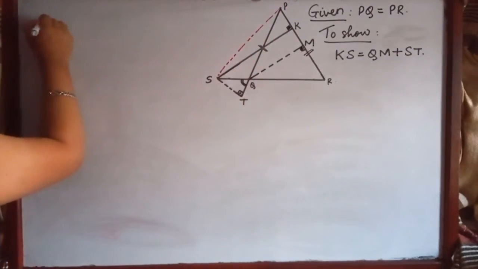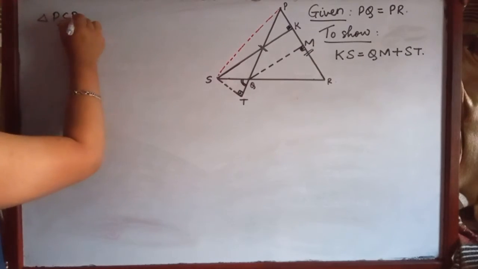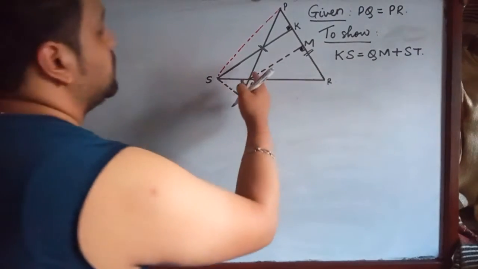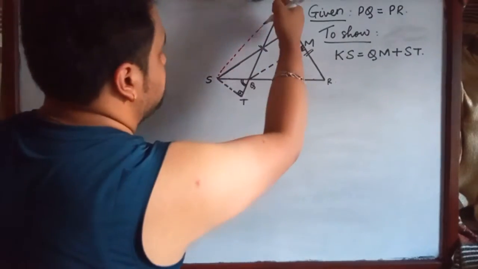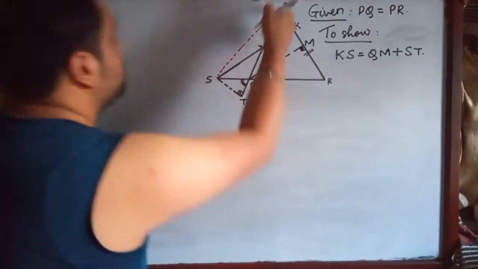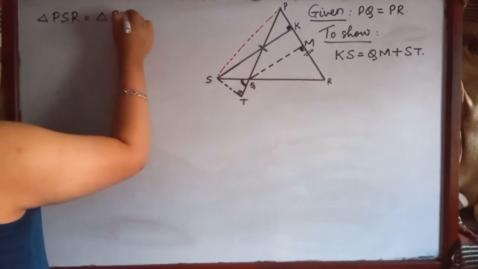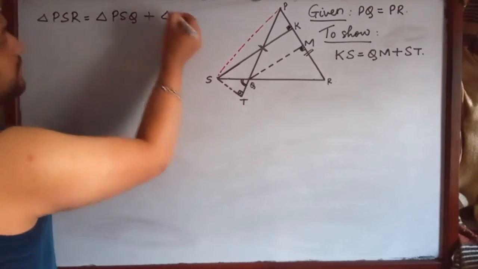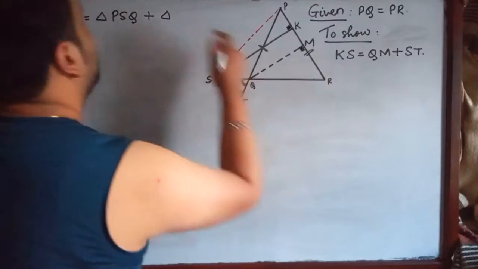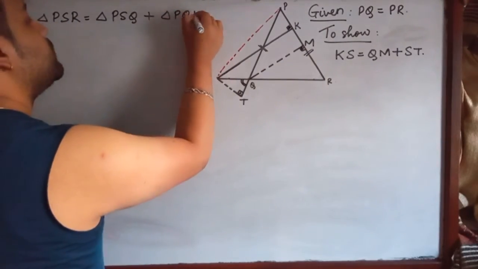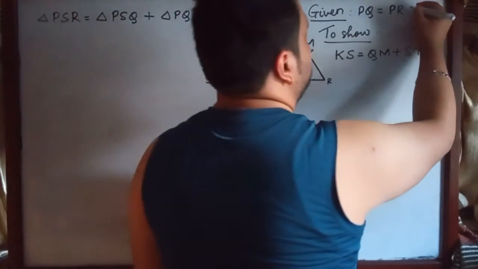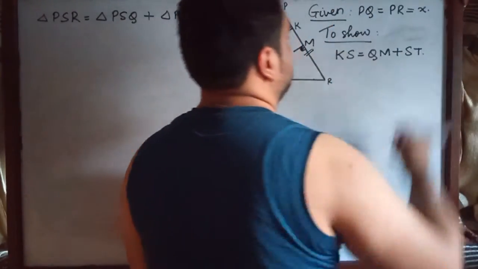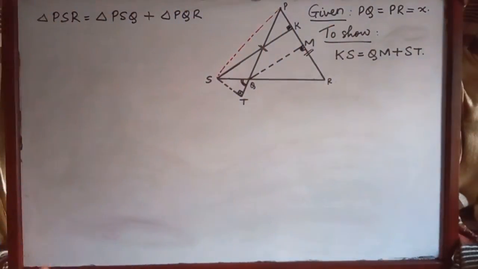Triangle PSR, in area, is equal to triangle PSQ plus triangle PQR. Now let's say PQ is equal to PR is equal to X.